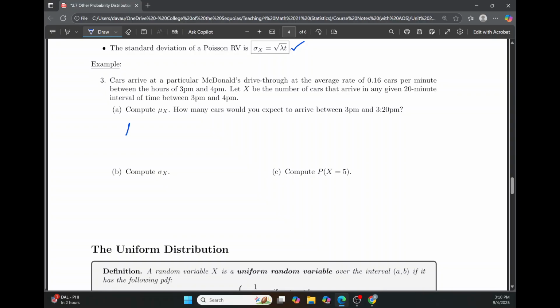Well, mu sub x is going to be lambda times t, where lambda is the number of cars that arrive in a 1 minute interval of time. We were given that information here. We were told 0.16 cars per minute, so that's lambda.